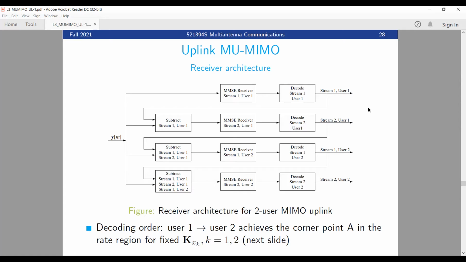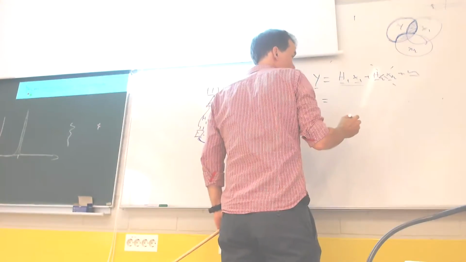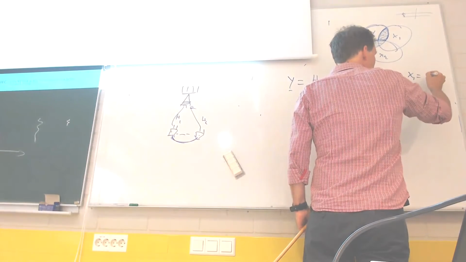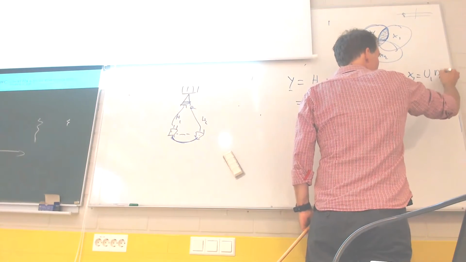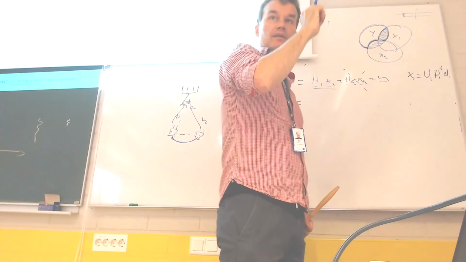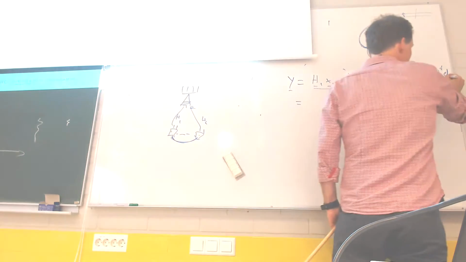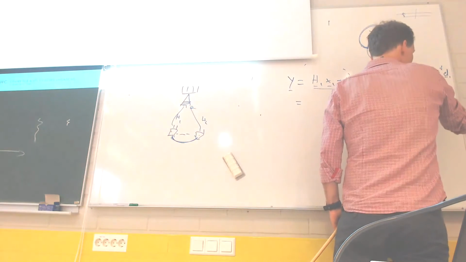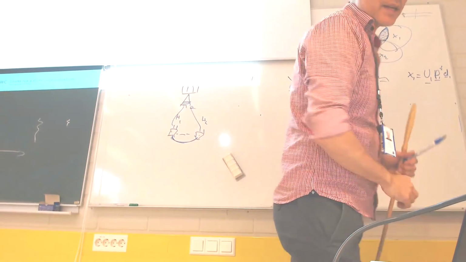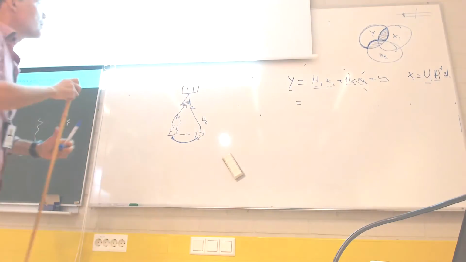So we have this model here: Y equals H1 x1 plus H2 x2 plus noise. We can further split user 1 into two streams. We can first define x1 to be U1, square root of P1, d1. Here d1 is the normalized data vector that we transmit. This is the power allocation matrix, and this is the normalized decoding matrix. Just like here, now we also include the power.